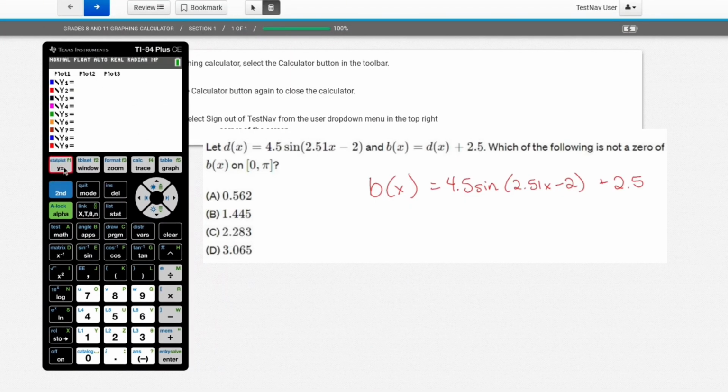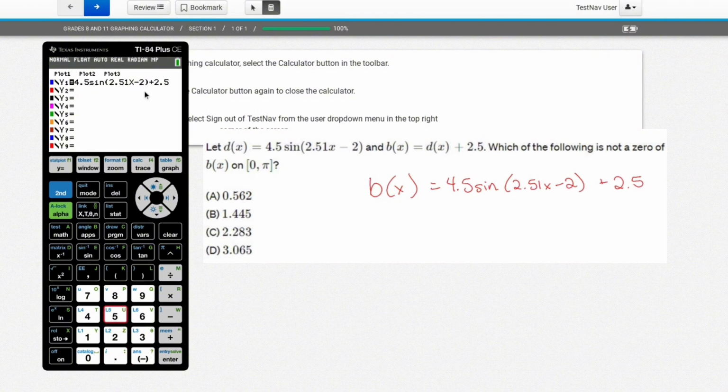All right, so we've got 4.5 sine(2.51x minus 2), close it, but now I'm adding 2.5.